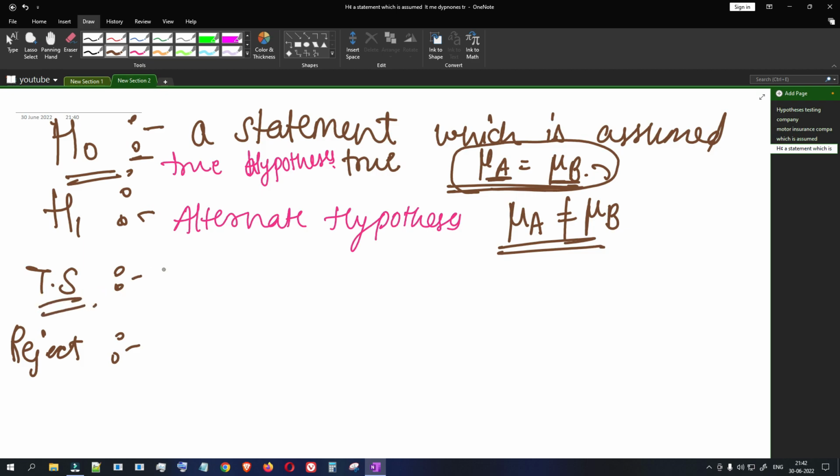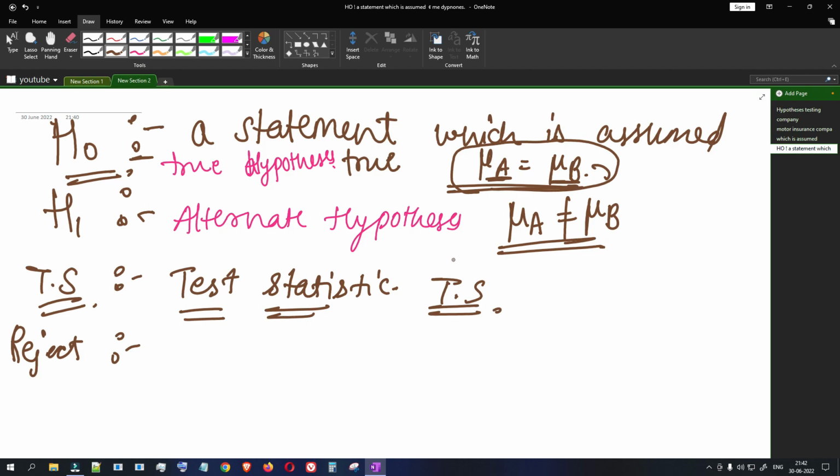Now, what does TS mean? TS means the test statistic. It is basically a formula which we used in confidence intervals, and in that chapter we said that it is a pivotal quantity. Now we say that it is the test statistic. So all our formulas would be denoted as TS, or the test statistic. Now reject.